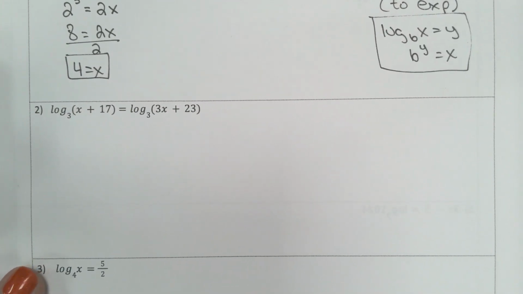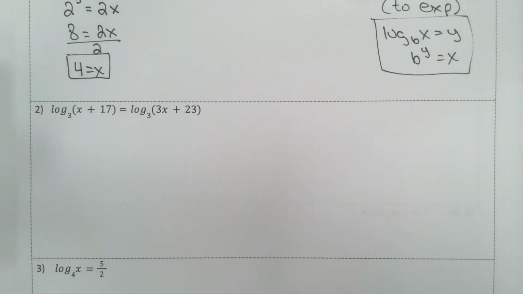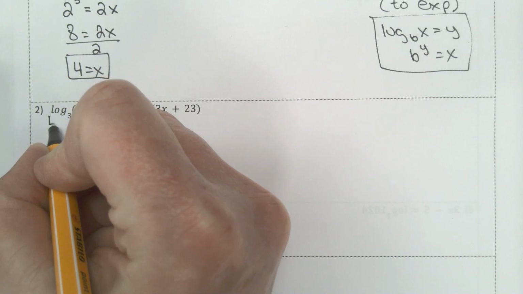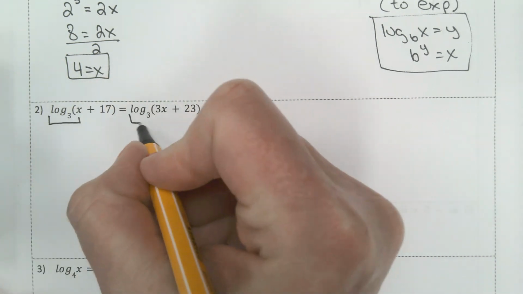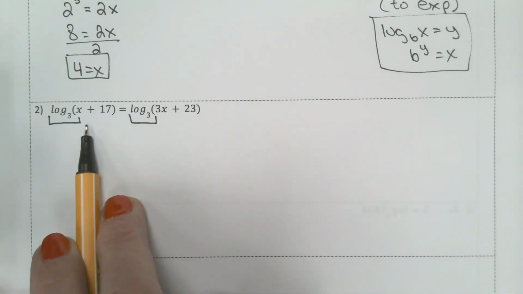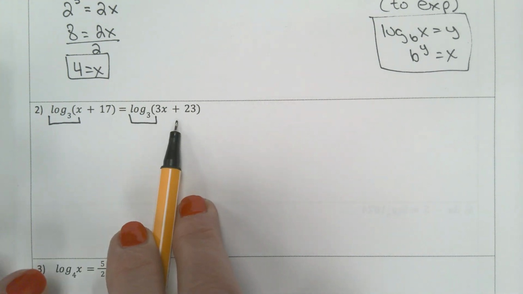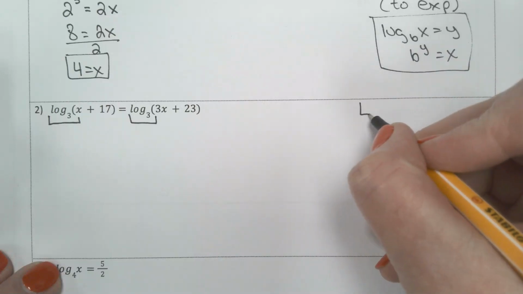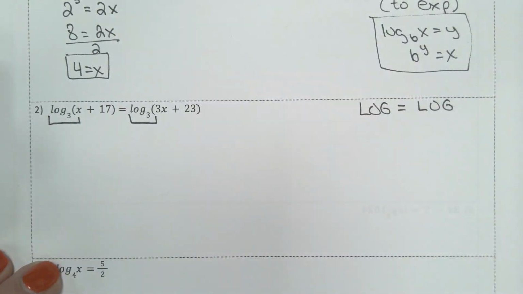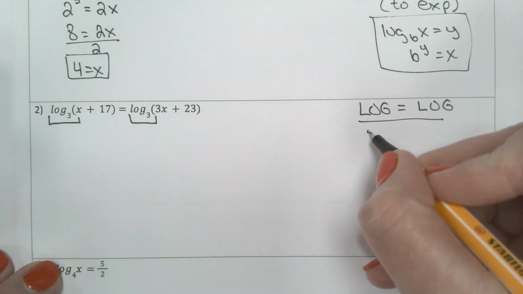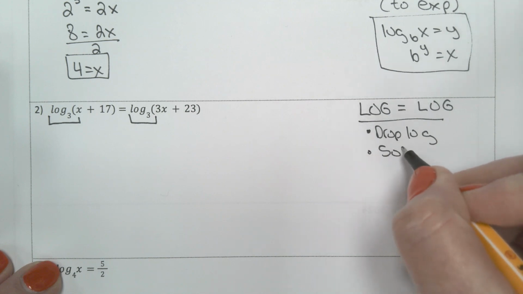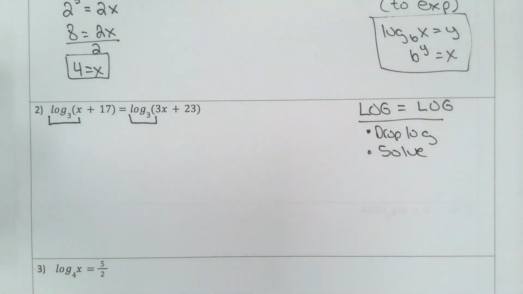We have another scenario. In this particular scenario, I have log base 3 of something equals log base 3 of something. So I have these logs are the same. When you have the situation of log equals log, you're going to drop the logs and solve.